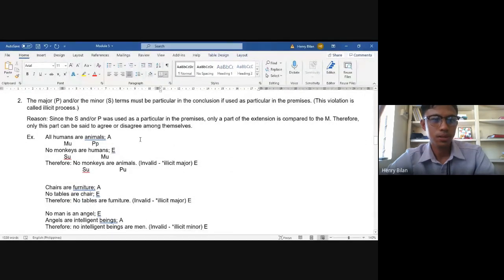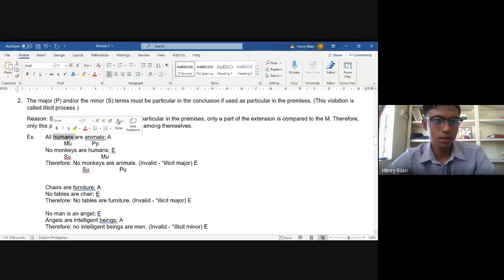So halimbawa natin. All humans are animals. No monkeys are humans. No monkeys are animals. So illicit major daw to. So all humans are animals. Distributed ito. Automatic na yan kasi A proposition yan. And then yung predicate natin is particular.